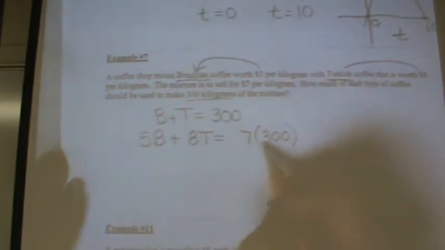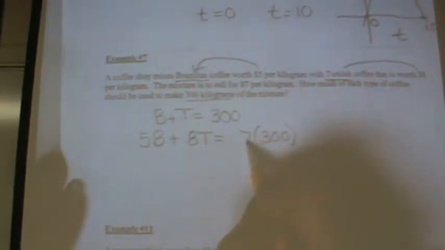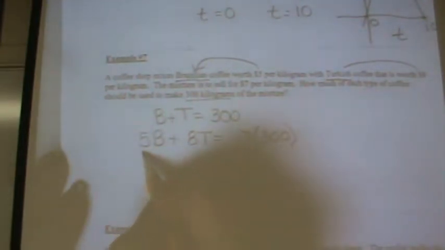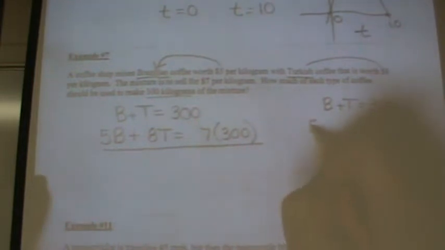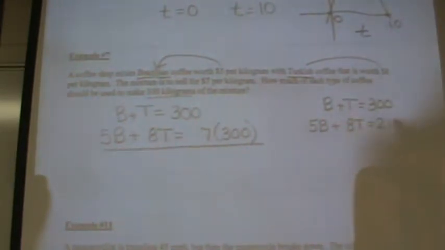So how much would it cost in total if you want 300 kilograms? 2,100. Yep. So what you have is two equations: B plus T equals 300, and 5B plus 8T equals 2,100.